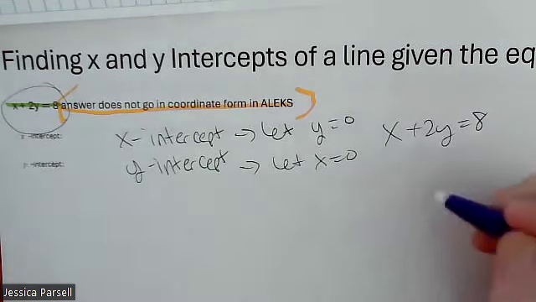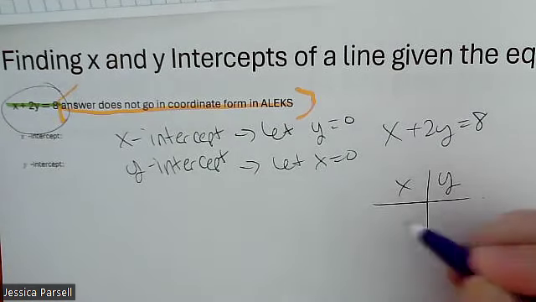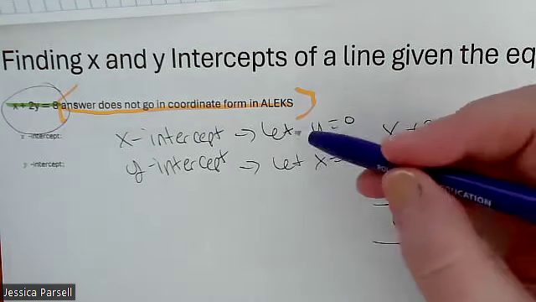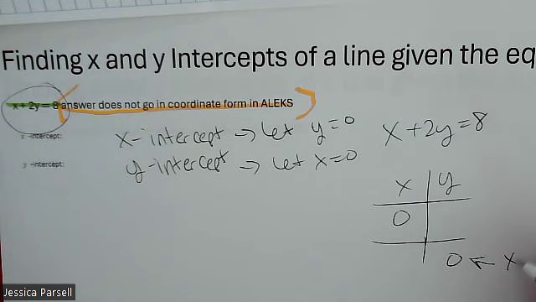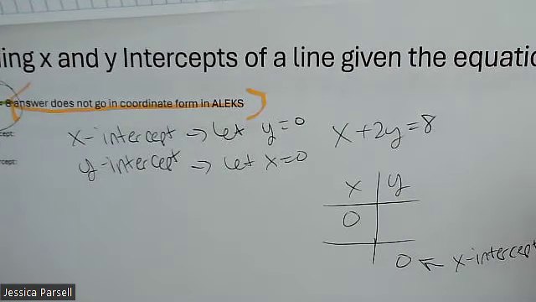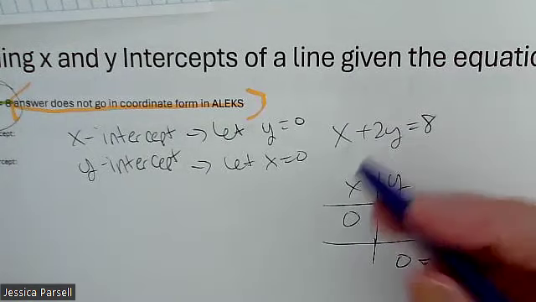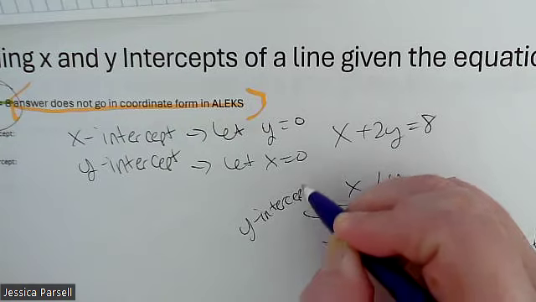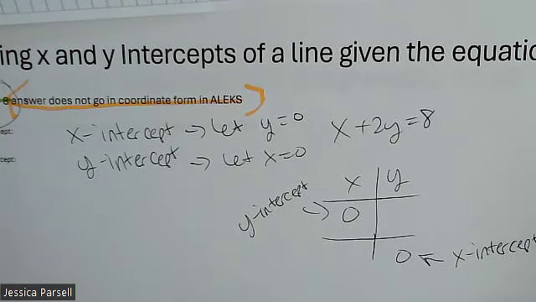Okay, so we're going to draw a chart. This time I'm going to put a 0 here and a 0 here. So if I let y be equal to 0, this is going to be my x-intercept. If I let x be equal to 0, this is going to help me find my y-intercept. Okay, so let's go for it.